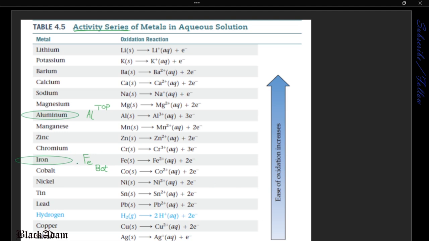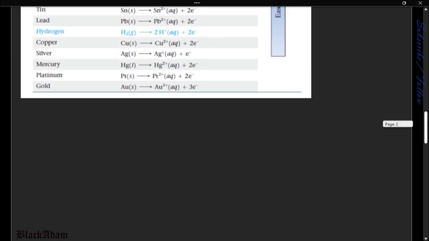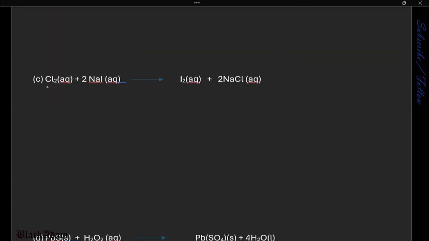So as we move upwards, you can see the increase in oxidizing. Okay, so oxidization increases. So that means the aluminium will undergo oxidation, and that will be reduction for iron, and aluminium will undergo oxidation because it's on top. So in the activity series, if it's on top, then that is going to undergo oxidation.